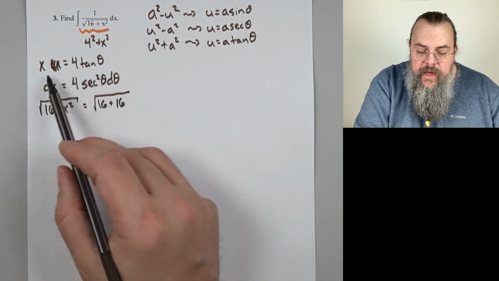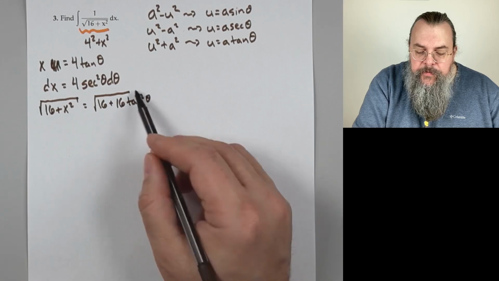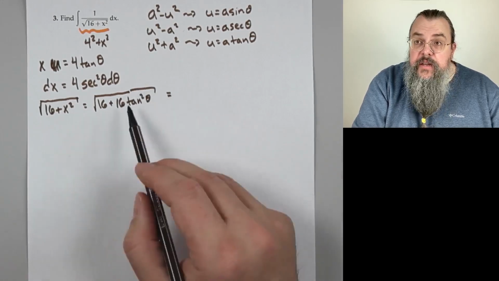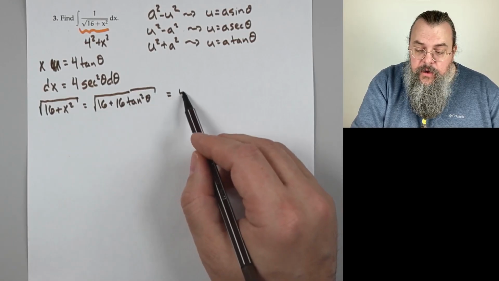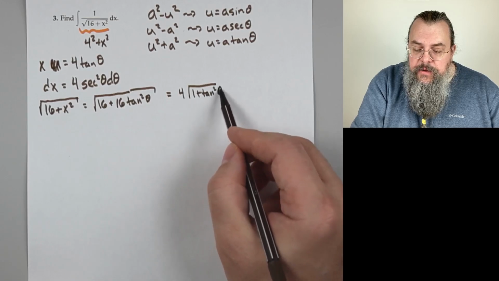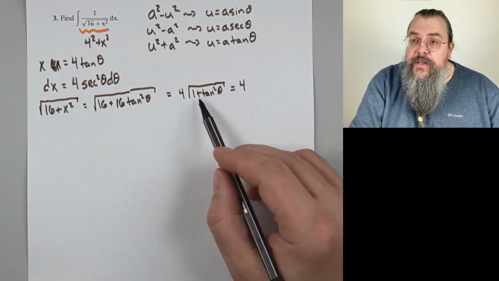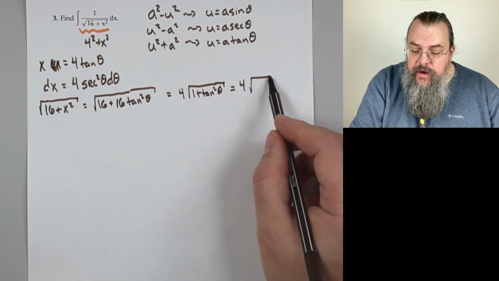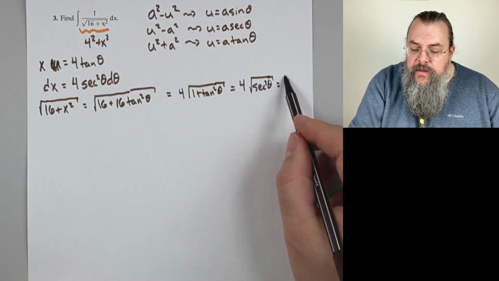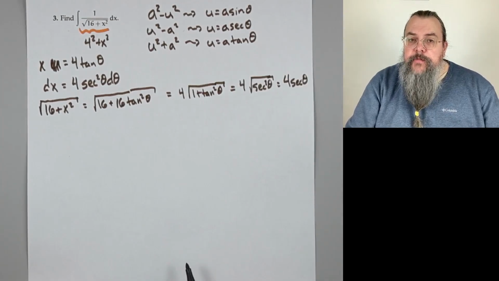So x squared will become 16 tangent squared. And what do we know about that? Well, we can pull out the 16s. Square root of 16 is 4. Square root of 1 plus tangent squared. And now we pull out another trig identity, right? 1 plus tangent squared is secant squared. And so what we really have is that the square root becomes 4 secant theta.